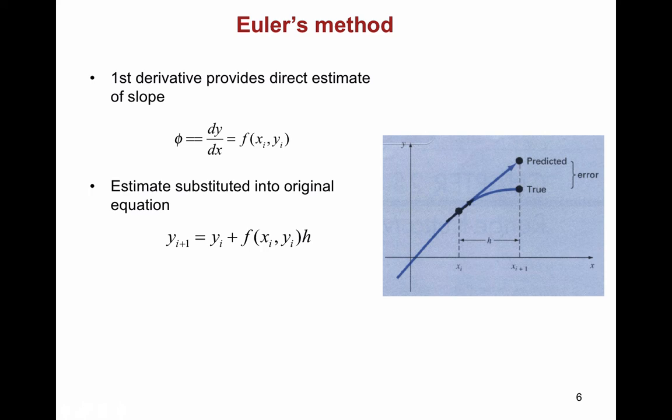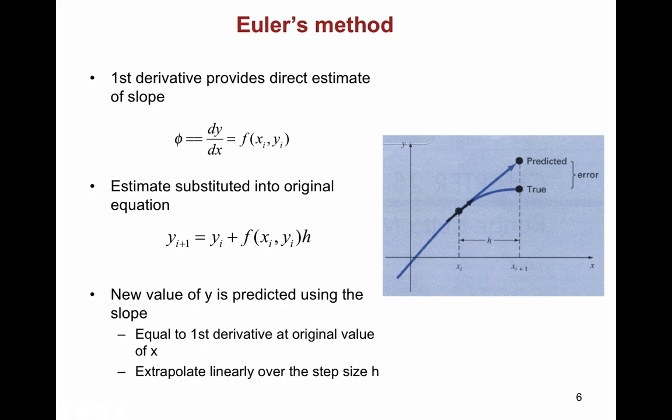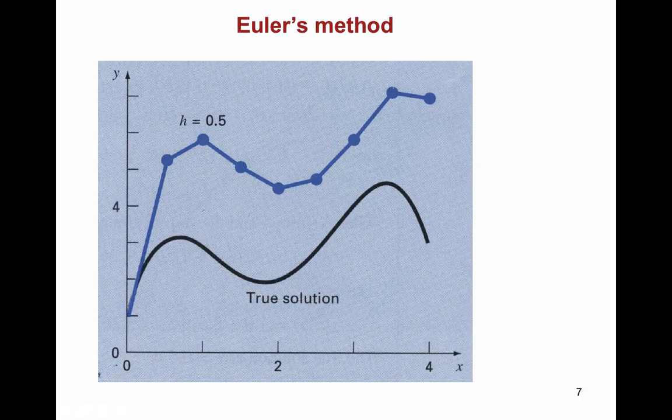So I'm going to be solving this on an interval, and I'm going to find all of these x points on that interval. In that case, I'm going to know how many points I have. So a for loop is the best. I'm going to have a set of points, and I'm just going to go. But I can do it with while as well. So my new value is predicted using the slope. And basically, this is a linear extrapolation based on Taylor's formula.